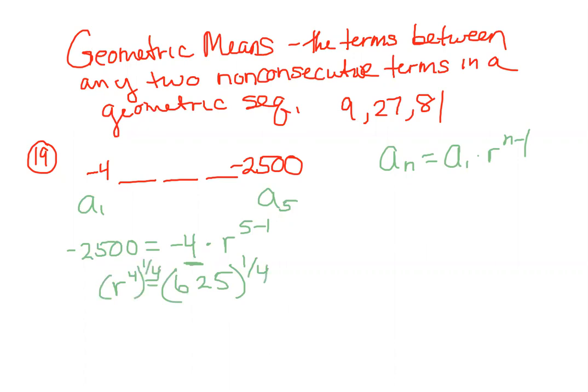So I get R equals 5. And now I can just go ahead and put those in there. -4 times 5 is -20, and -20 times 5 is -100, and -100 times 5 is -500, and -500 times 5 is -2,500.